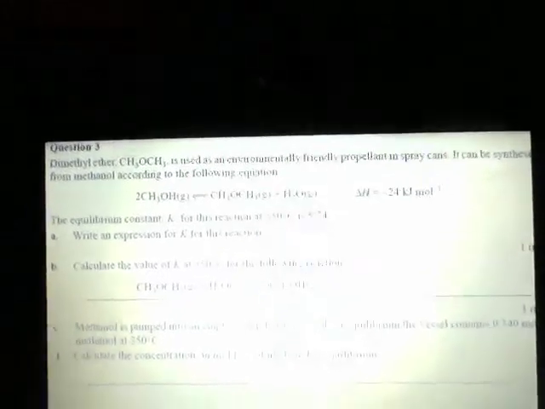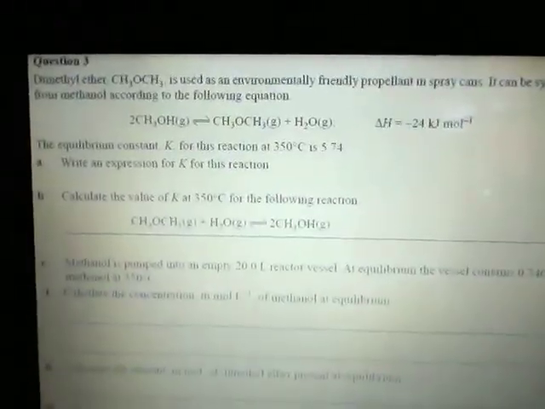Question is the one that we're moving on to. I'm just going to work it out, but make sure you have the question in front of you. Write an expression for K. Easy.